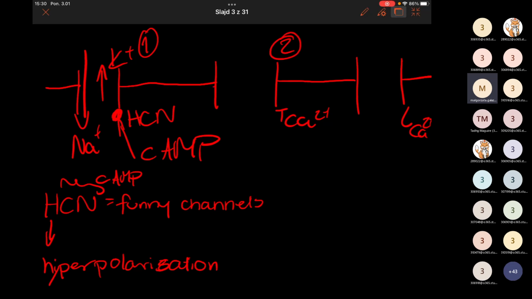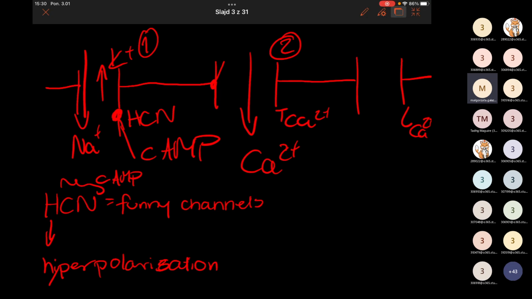The T-type calcium channels open, and therefore we observe an influx of calcium ions into the cell. This influx increases the membrane potential up to the threshold, or around the threshold.